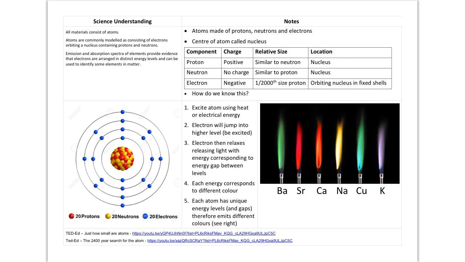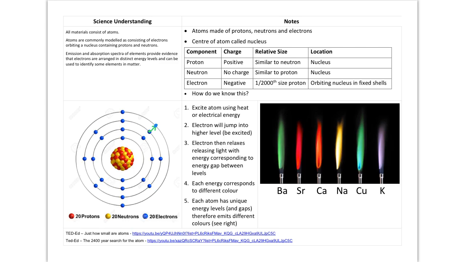So back to what happens. When we excite one of these atoms through applying heat or electricity, it can jump from its energy level up into a higher energy level. Like that green arrow shows, that electron has jumped up into a higher level, or what we call an excited state.